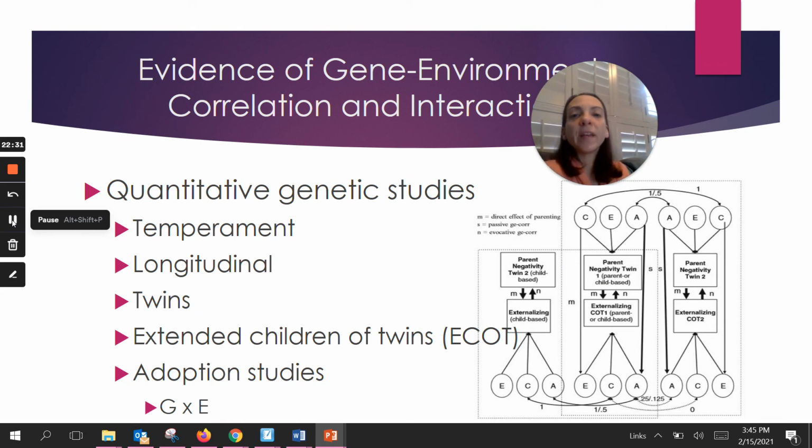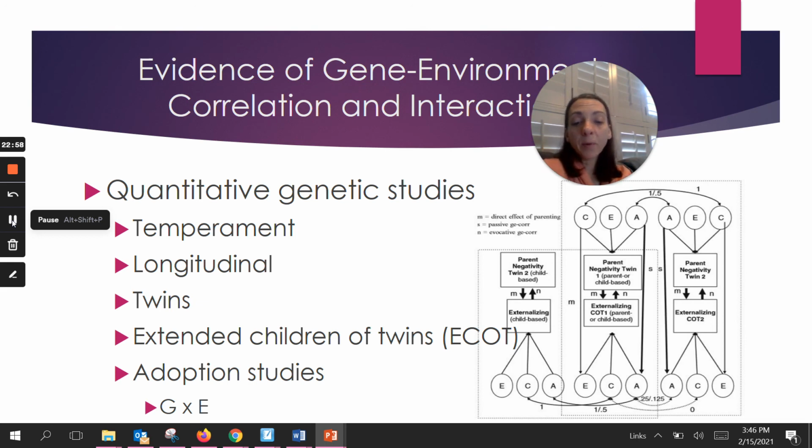So there's some evidence for gene-environment correlation and interaction. And the first is quantitative genetic studies. Genetic influences account for a large proportion of the correlation between negative parenting and child or adolescent adjustment. So there is a correlation between genetics, so passing on genes for those disruptive behaviors, and negative parenting. Temperament also plays a part.